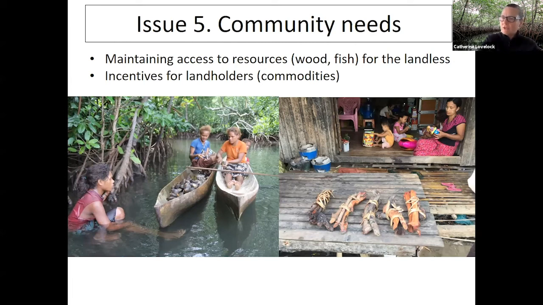So there is this issue that all of these projects have to meet community needs. Carbon is kind of like nothing. We breathe it, and it's sort of everything, but it's not something a farmer from Myanmar necessarily thinks they need to do anything about, right? So it's about addressing these community needs.